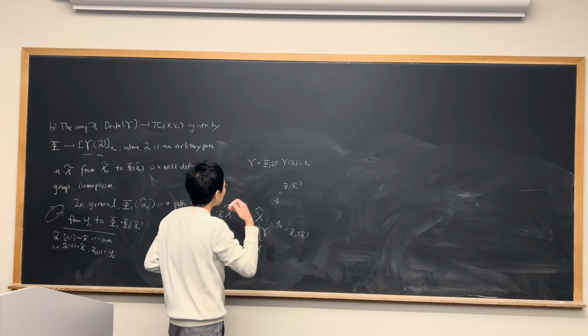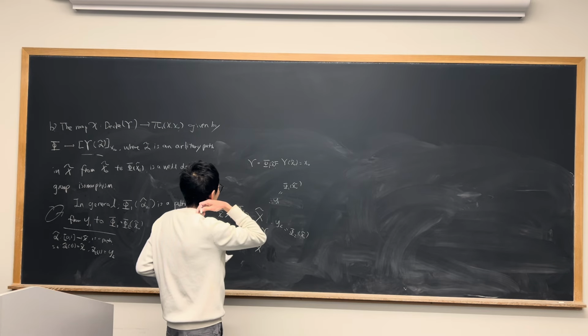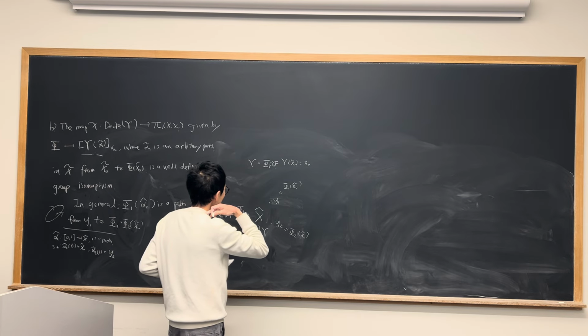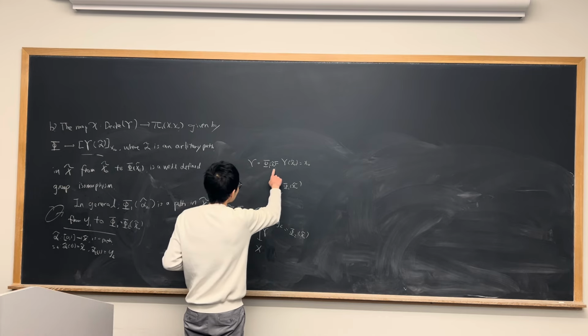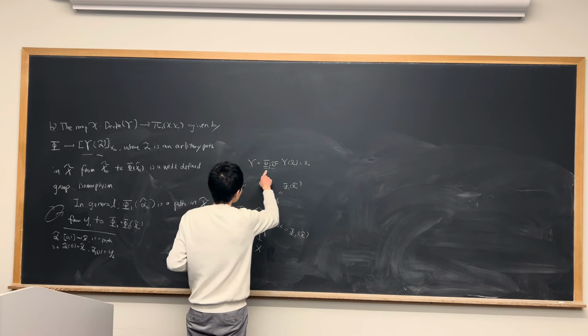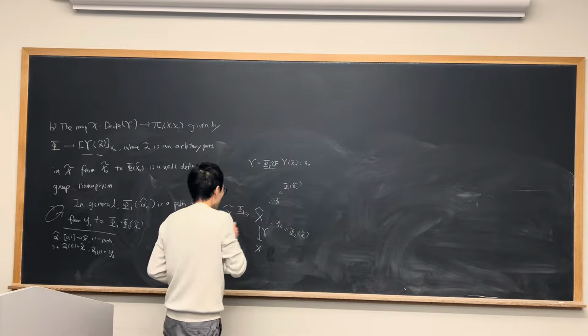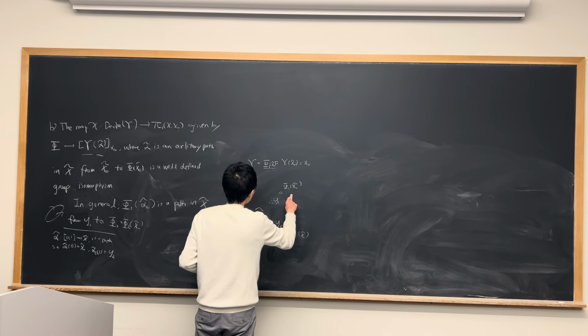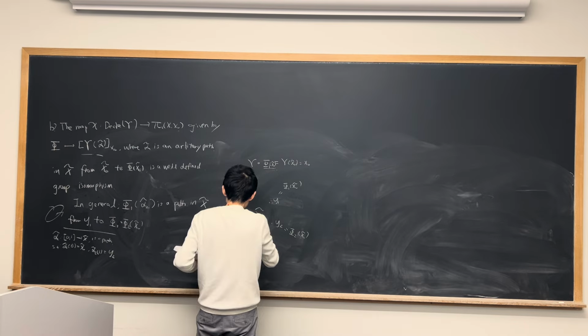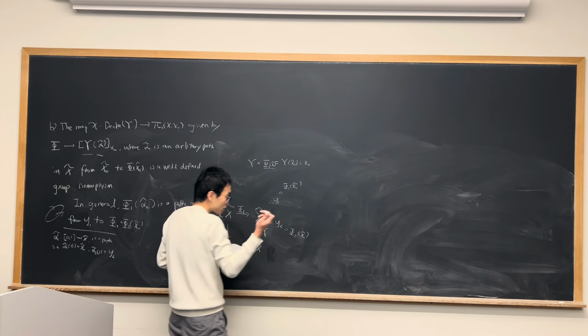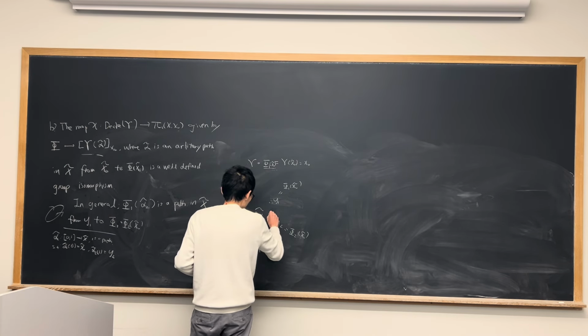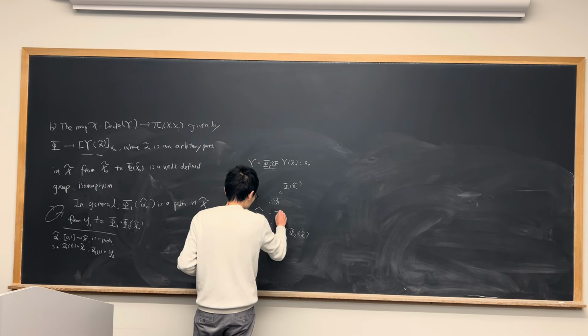So this implies that this is in the inverse. Therefore all these points lie on the stars. So this should be the x naught tilde.